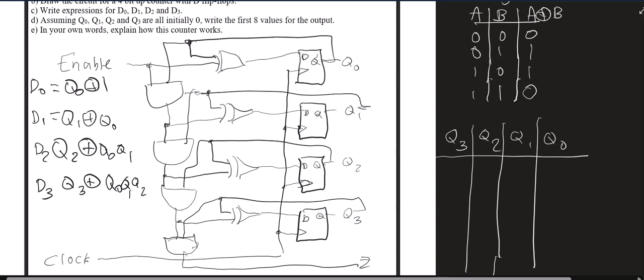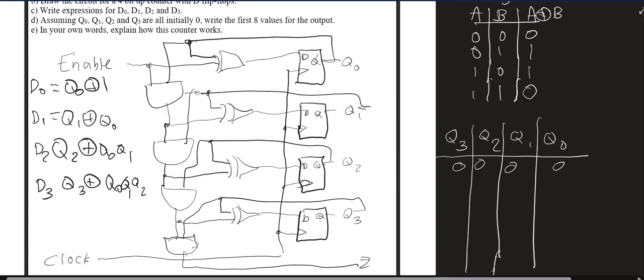Okay, so let's now look at what our outputs are going to be. So I'm going to start with Q0. So when we start, these are all 0.